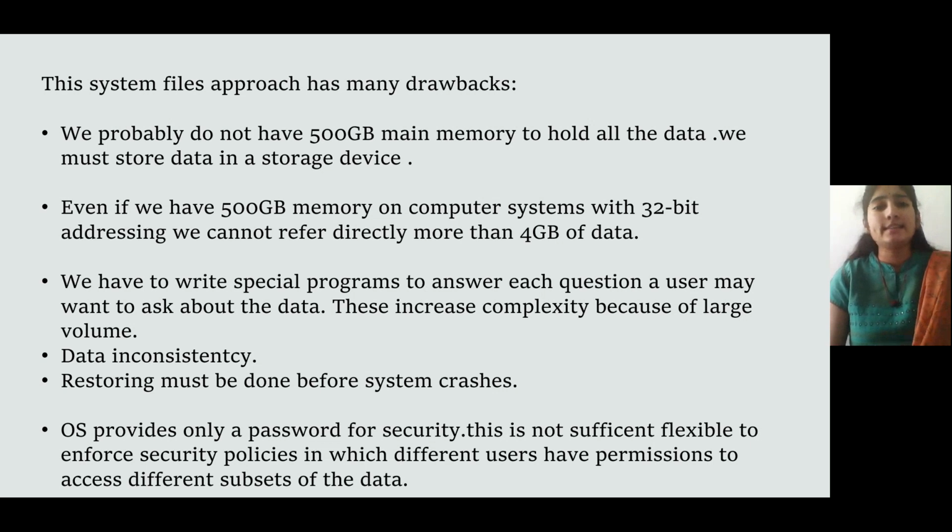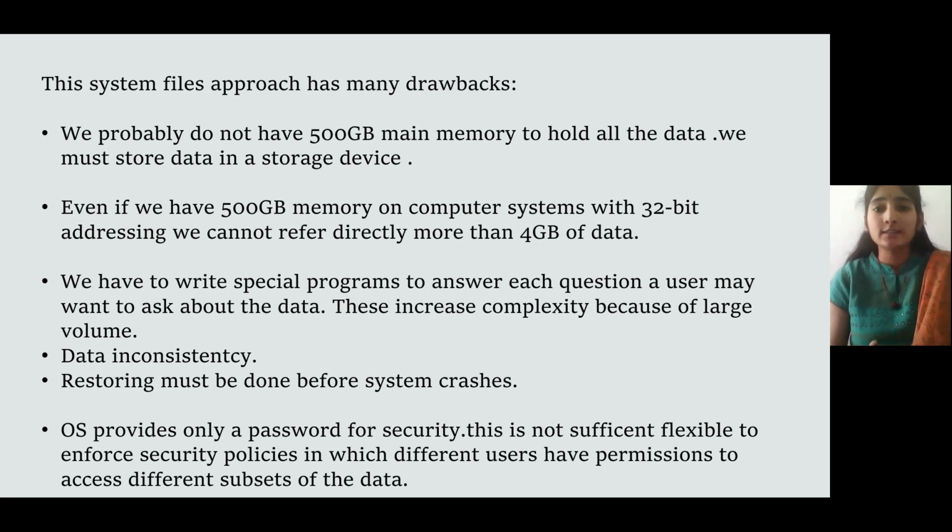Next one is data inconsistency. Data inconsistency means files may maintain duplicates, and anyone can access the data easily. Now, restoring must be done before the system crashes. This is very important to check. If we have a large amount of data, the system may crash sometime.